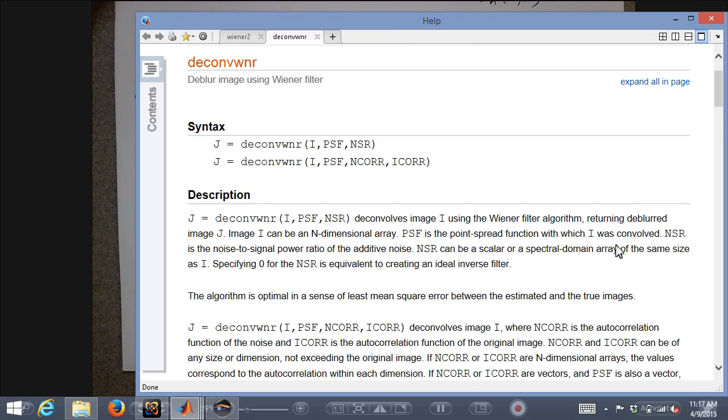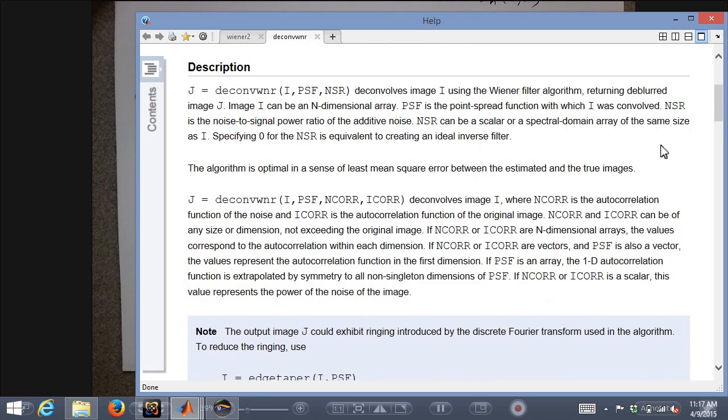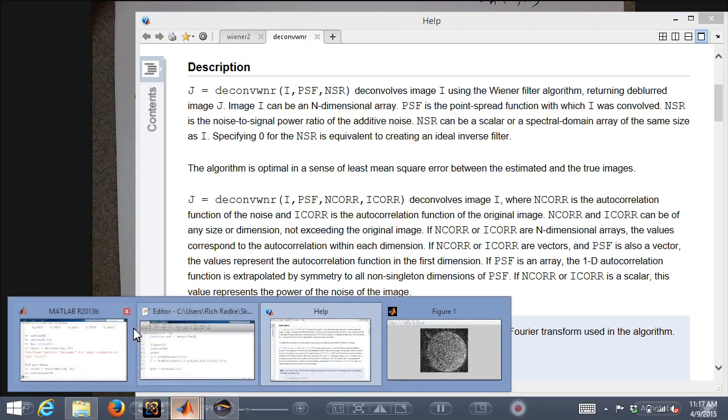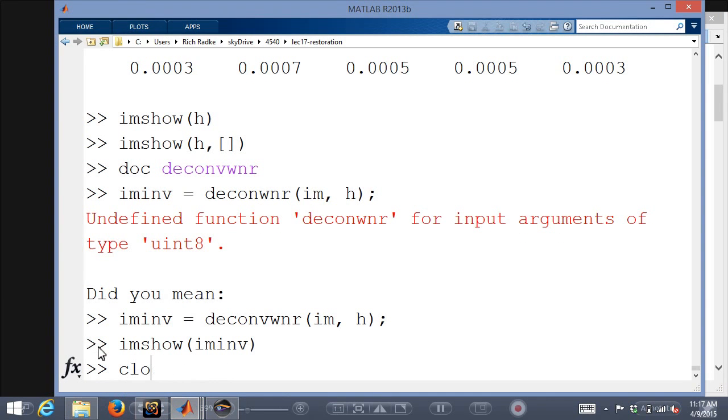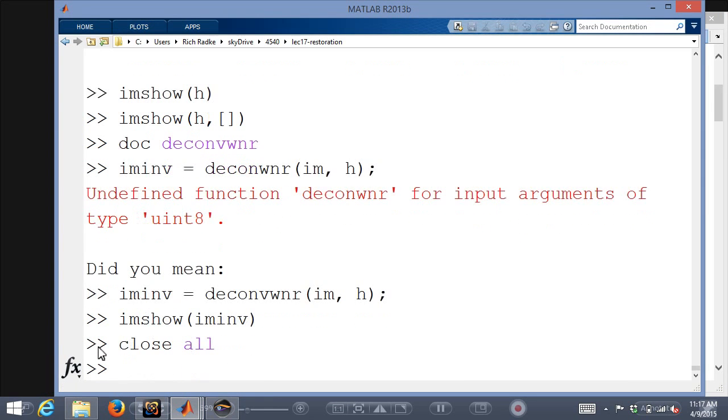Okay? And so if I know more information, for example, if I actually knew something about the original image, I could do even better. But let's try it with the moon. So all I'm going to do is do deconv WNR with the image, the point spread function, and now I can try estimates of this noise to signal ratio.